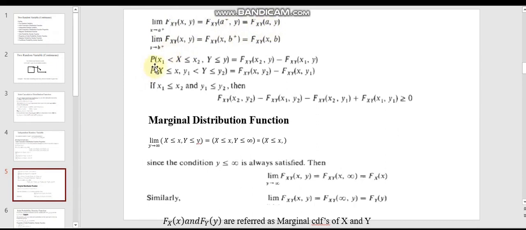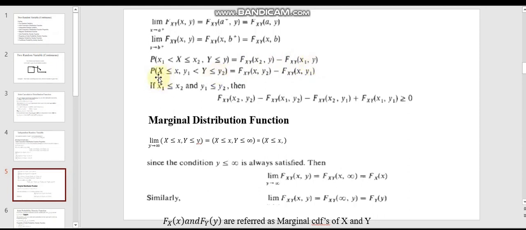If some random variable x is greater than x1 and less than or equal to x2, and random variable y is less than or equal to y, then their joint probability is the probability of x and y, which is equal to the joint CDF F sub XY of x2 and y minus F sub XY of x1 and y.